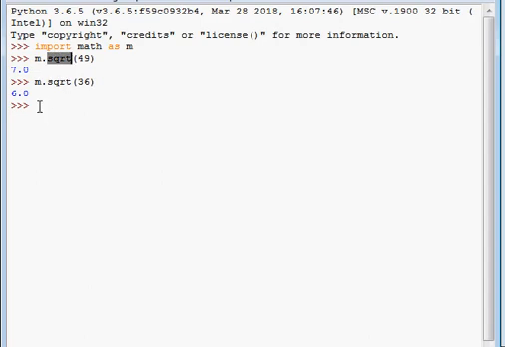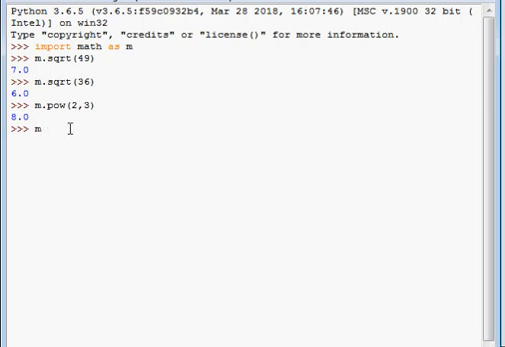Our next function that is present in the math module is power. For the power function, there is the keyword pow. I have written here m.pow(2,3). 2,3 means 2 raised to power 3. 2 raised to power 3 means 8.